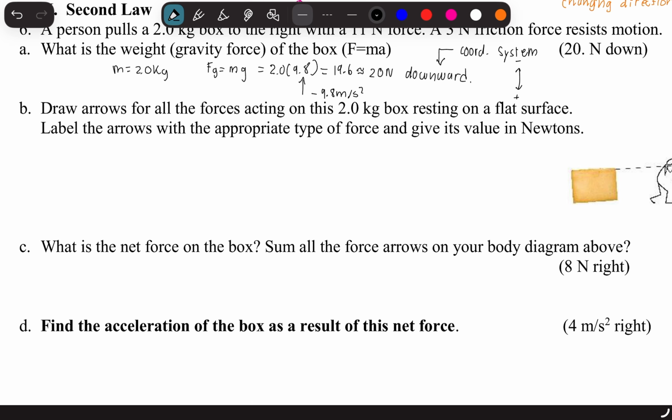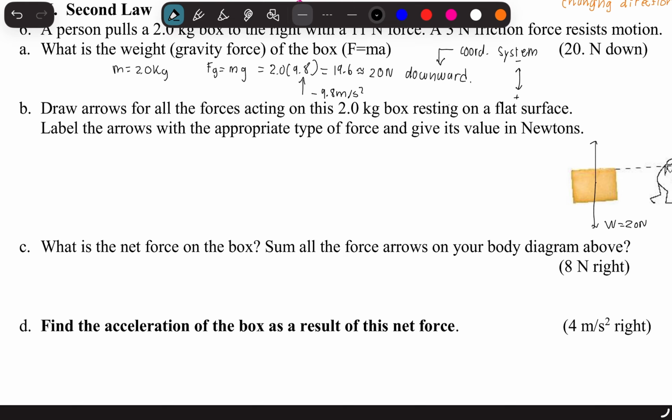Now, draw arrows for all the forces acting on a 2 kilogram box resting on a flat surface. Label the arrows with the appropriate type of force and give its values in newtons. So for the weight, your weight is going to be equal to 20 newtons. Now your normal force is going to be equal to the weight because it's resting on a flat surface.